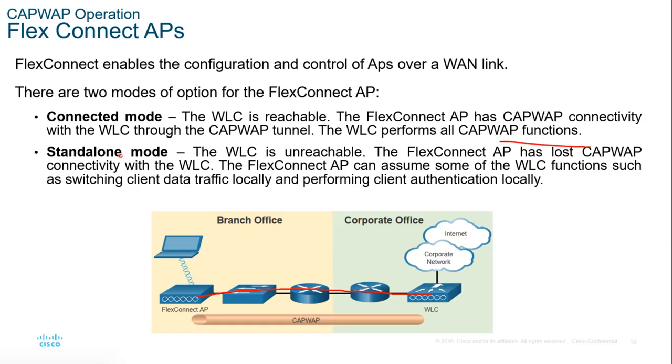But in standalone mode, the FlexConnect AP cannot reach the controller, so it has to assume the functionality of the controller, such as switching client data traffic locally and performing authentication locally.